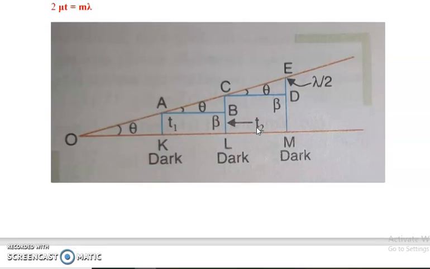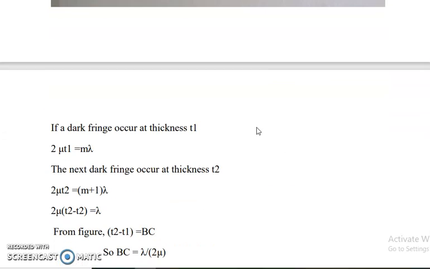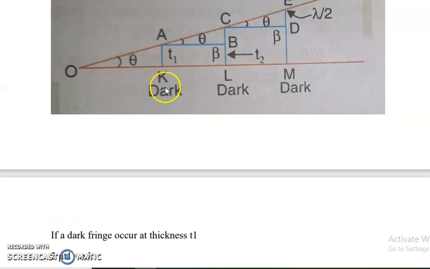Then if a dark fringe occurs at thickness T1 at point K, we can write the condition for darkness at point K having thickness T1 as 2 mu T1 is equal to m lambda. This is the first condition, that at thickness T1 we are obtaining a dark band.